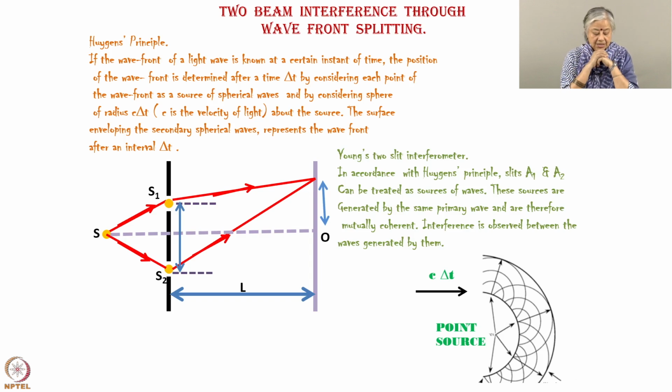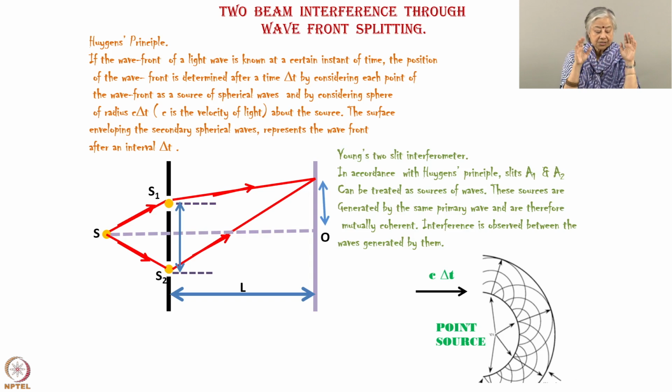So, the radius will be the velocity into the time, okay. The surface enveloping the secondary spherical waves represents the wavefront after an interval delta t.